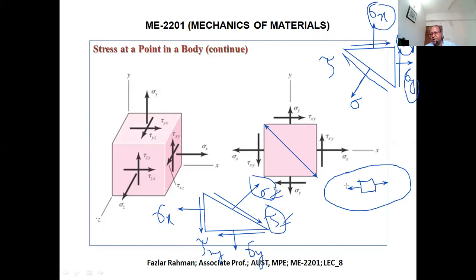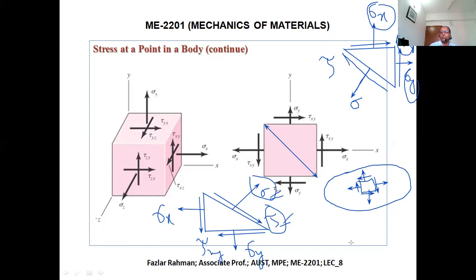Say this is sigma x. Along this direction will be tangential stress. Say sigma y, this is sigma y. Now, if there is a torque during transportation, you can figure out the shear force. The shear force works this direction, this direction, this direction, this direction.